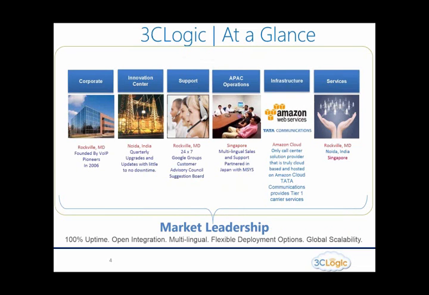Of course, we have quarterly upgrades where we add new features and functionality into the system. We do have 24/7 support, a customer advisory council, and multilingual sales and support staff. As I mentioned earlier, we partner with some of the largest infrastructure providers in the marketplace today to help bolster our solution. We are infrastructure agnostic, though, so despite the carrier or the provider, we can go with anyone.